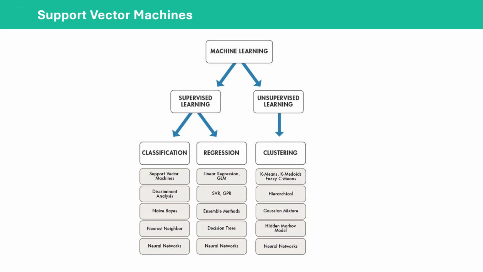Support vector machine is not probabilistic like naive Bayes. It's not tree-based like decision trees. It's not gradient descent like neural networks. It's geometric optimization. It solves a constrained optimization problem, maximizes margin, subject to classification constraints.